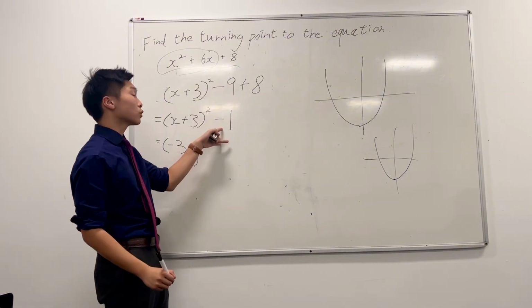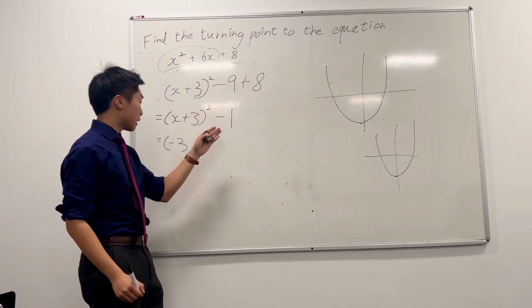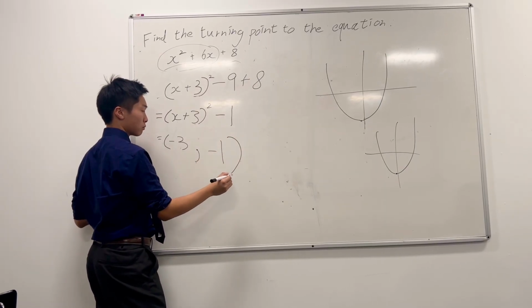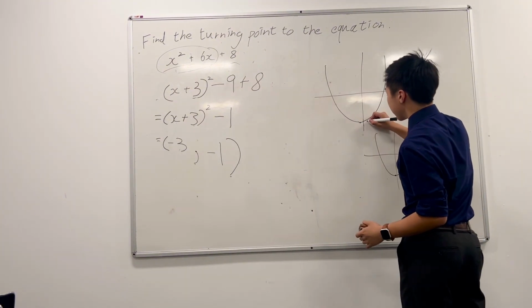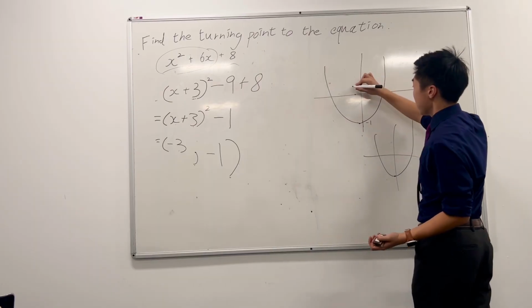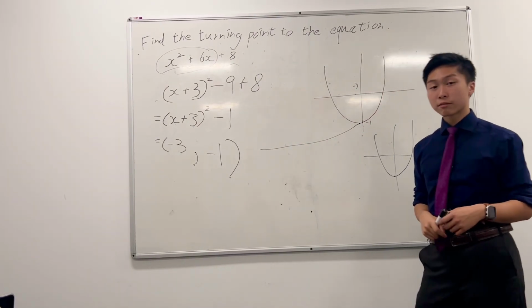But notice that this y value is not outside of the bracket. So we can just leave it as it is. Negative 3, negative 1. So actually, if negative 1 is all the way down here, and negative 3 is so close right here, then this would be that turning point. Negative 3, negative 1.